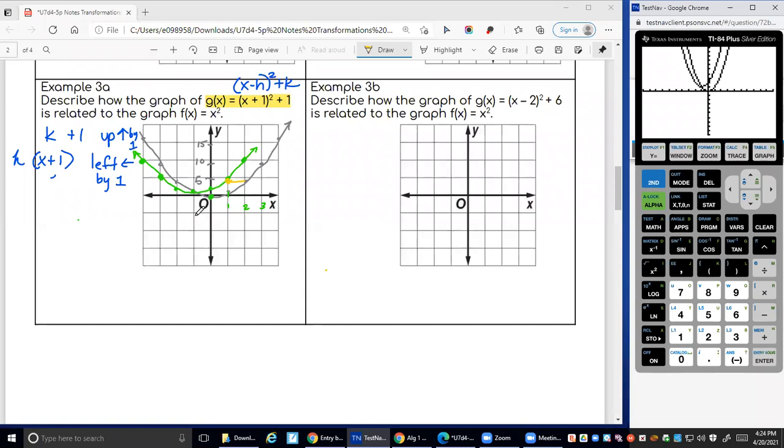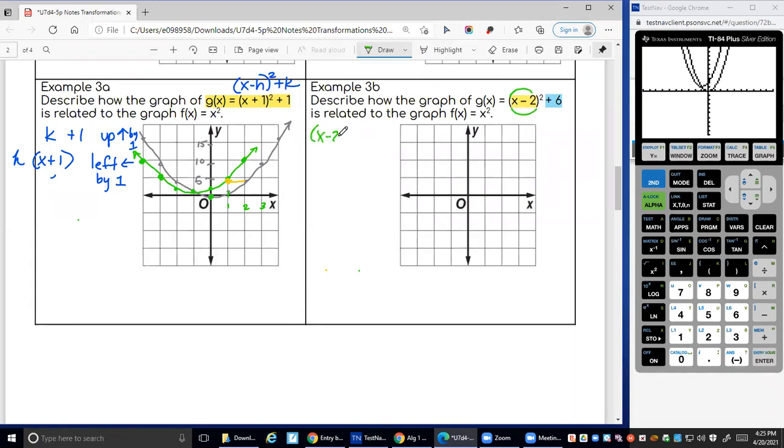All right, welcome back. There are 2 things going on out here. The first one is the -2. You got x -2, right? That's one movement. And the other is the +6. So let's talk about the whole x -2 thing. That is inside the parentheses, so we make an O for opposite.